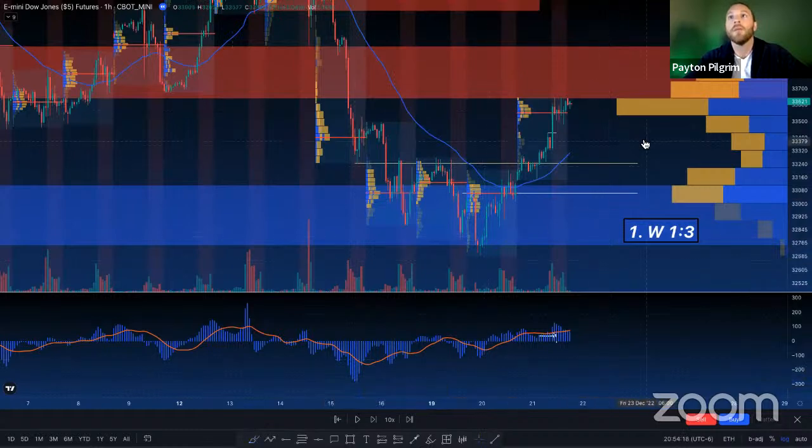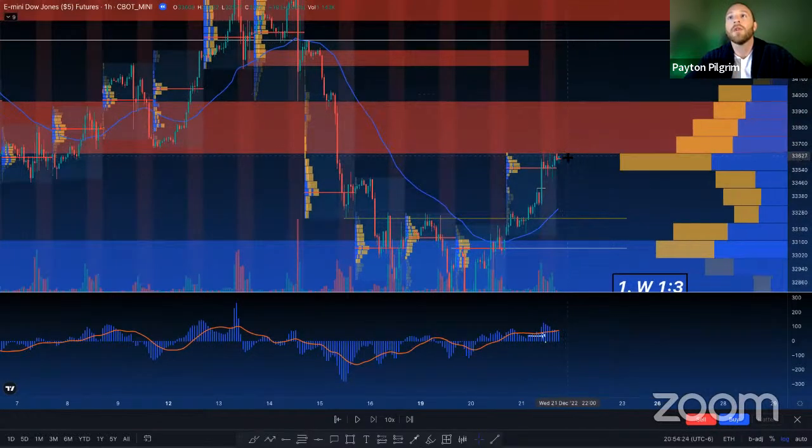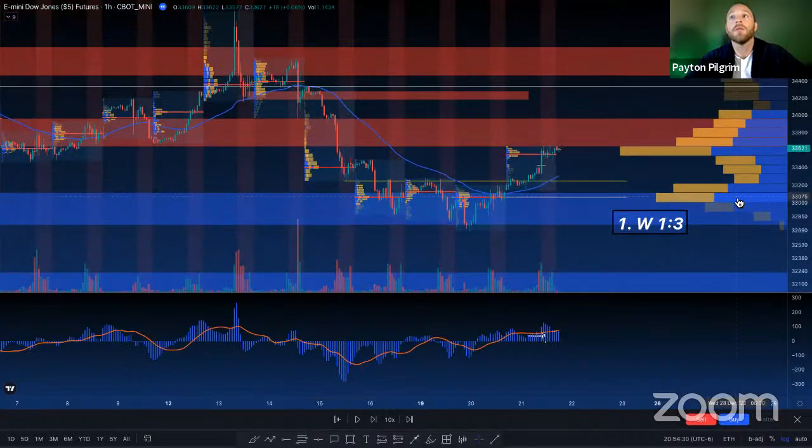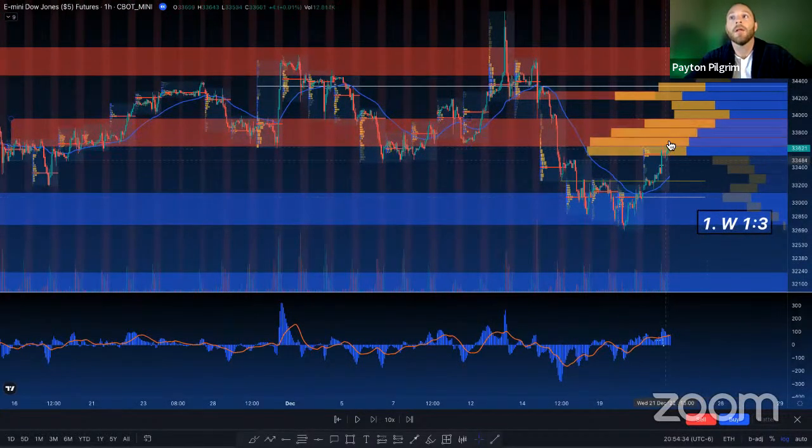So the market's into this first level that we marked off. If it starts to break through here, to me, it looks like it's going to go swiftly through this. Let's look what the volume profile is telling us. Okay, a lot of resistance here is what this is showing me.